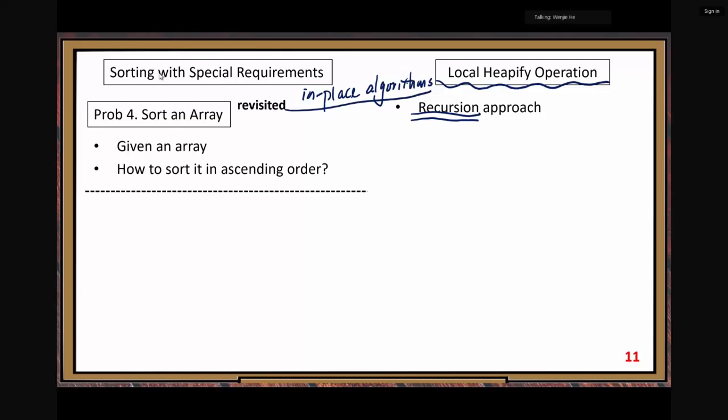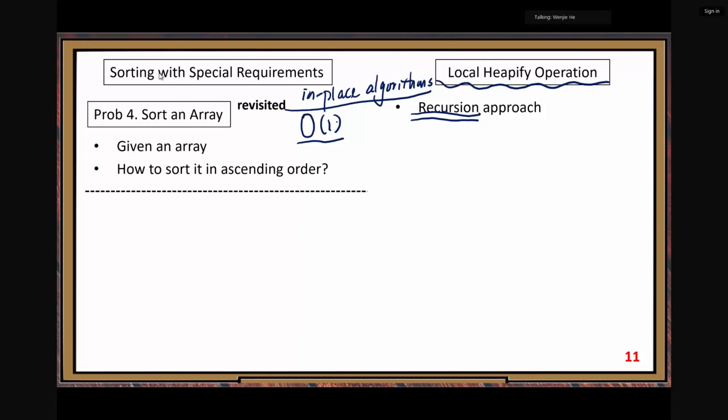Because in place means the extra space used must be bounded by a constant, right? Big O of 1. Big O or big theta, the same thing. Big O of 1 or big theta of 1. That is an in-place algorithm.